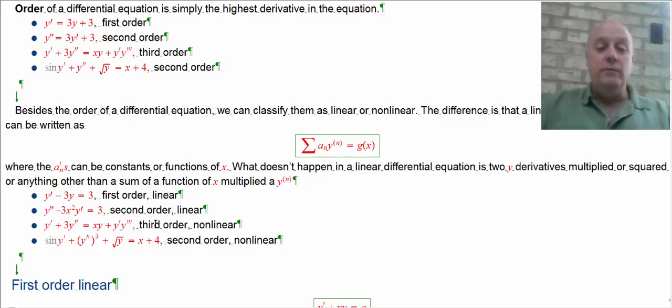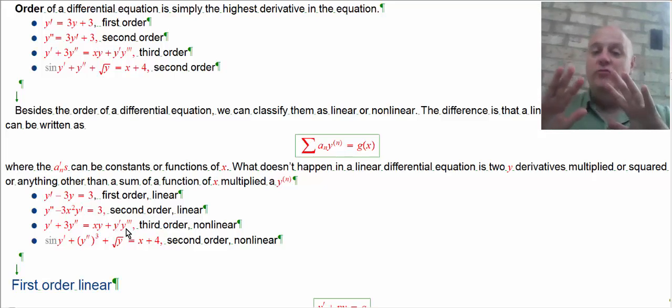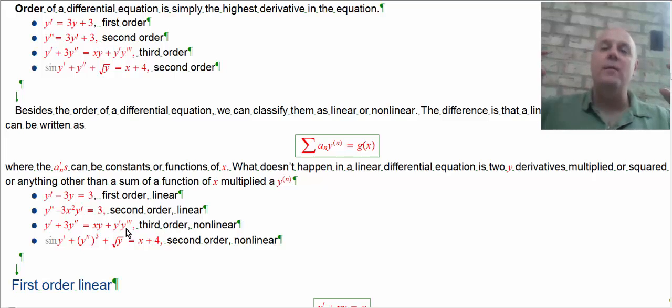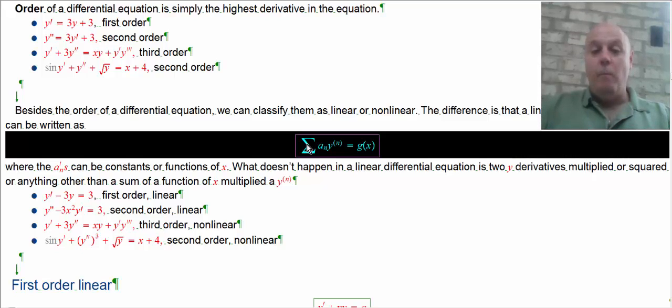This next one, third order, is nonlinear mainly because right here I've got two y terms multiplied together, a y prime and a y prime prime prime. There's no amount of algebra that I can do to separate out that y prime and y prime prime prime so that I can make it into this form with a linear combination of the y's.